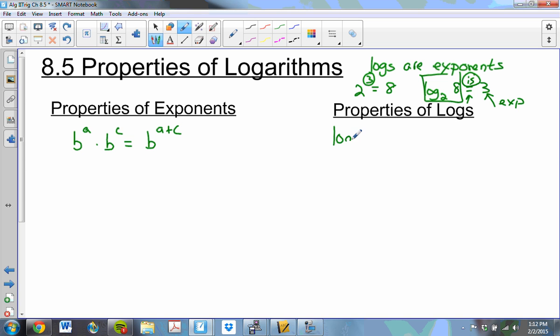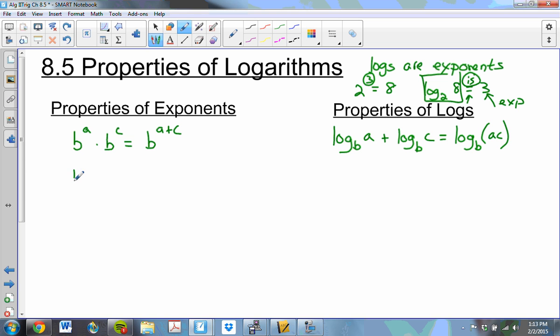If I have log base b of a plus log base b of c, that becomes log base b of a times c. Here, multiplication became addition. Here, addition becomes multiplication, and that makes sense because logs are the inverses of exponentials. So multiplication becomes addition, addition becomes multiplication, it works either way.